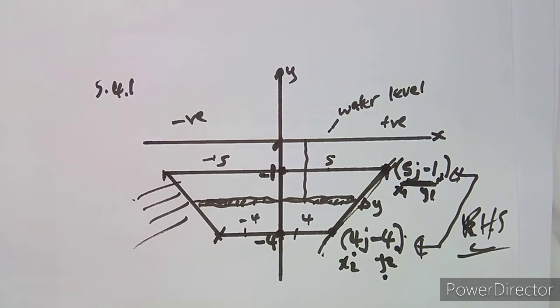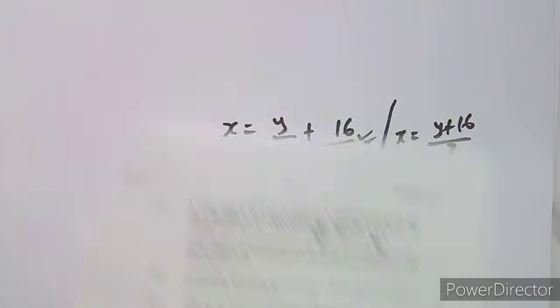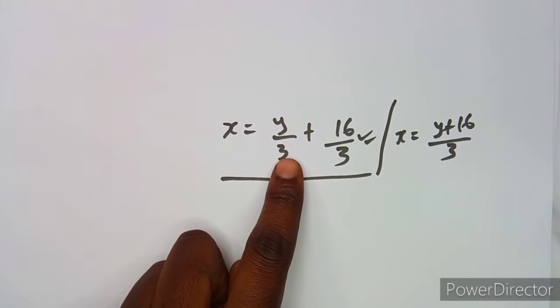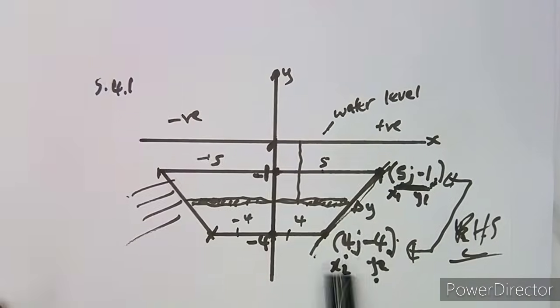So what am I going to do, guys? I have my x, which is in terms of y, and the representative strip is also in terms of y.